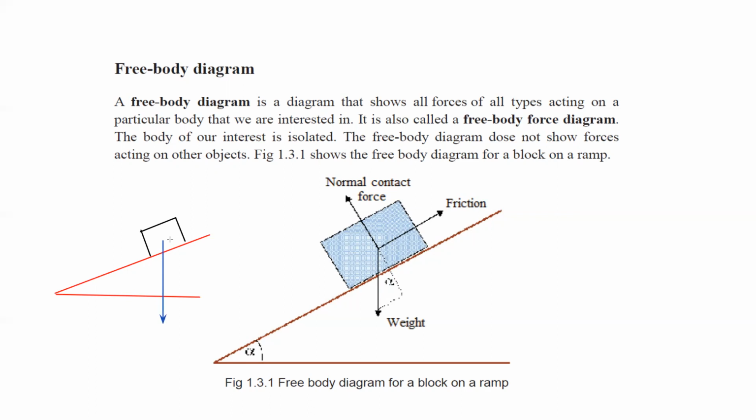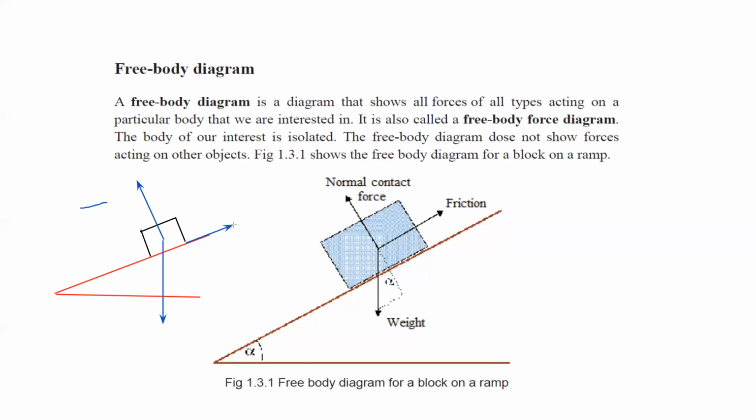Then there is a normal contact force, because when two surfaces are in contact, they exert a normal contact force perpendicular to the surface, acting upward. And naturally this object tends to slide down the slope, so there is a friction between the inclined surface and the object that resists this downward motion.